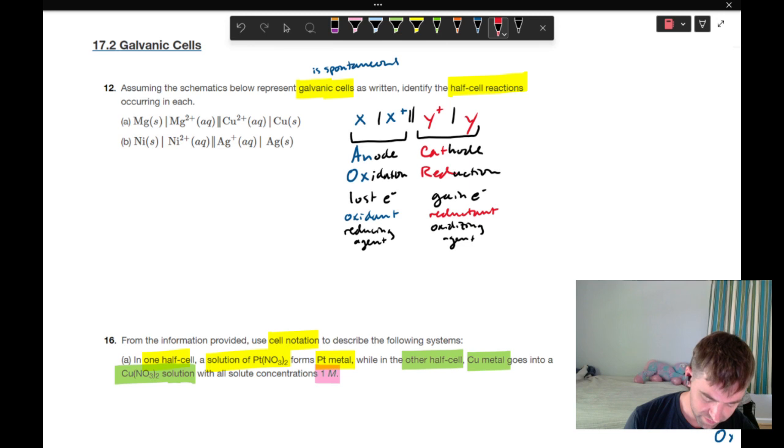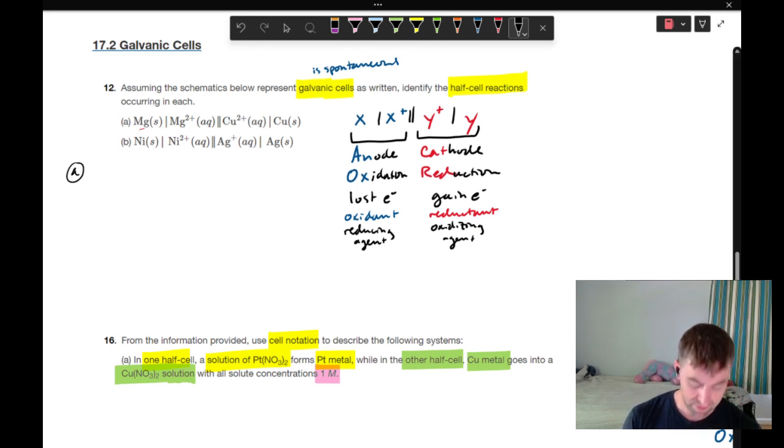And we're given this notation. We need to, assuming the schematics below represent galvanic cells as written, identify the half cell reactions occurring in each. Okay, cool. Where do I want to do this? Let's look at A, do it right here. So we start with, now we're working with magnesium.